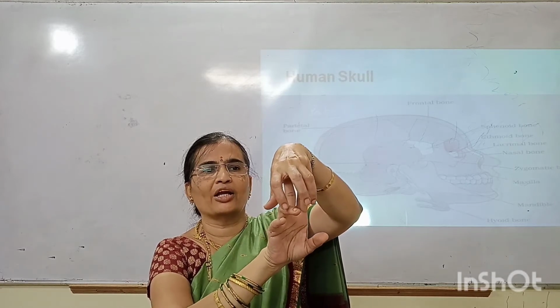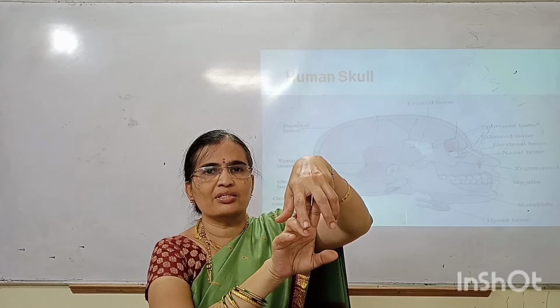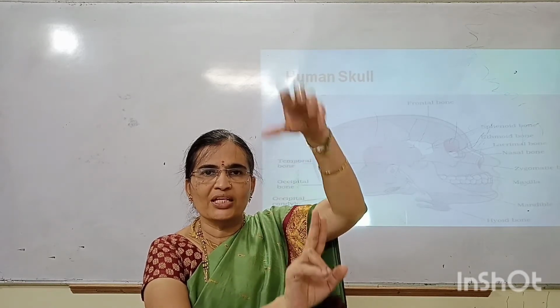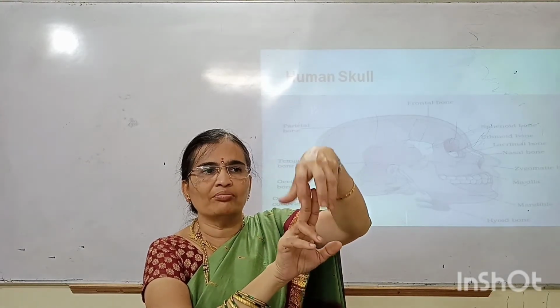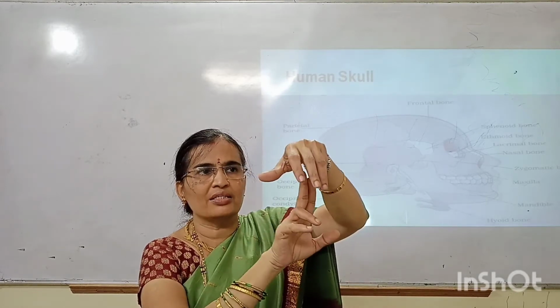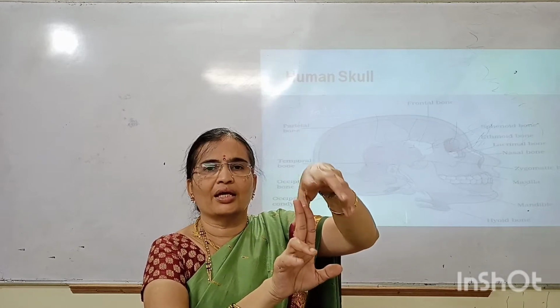It has to articulate like this. Articulation means some joint or some attachment must be there in between the skull and the vertebral column.